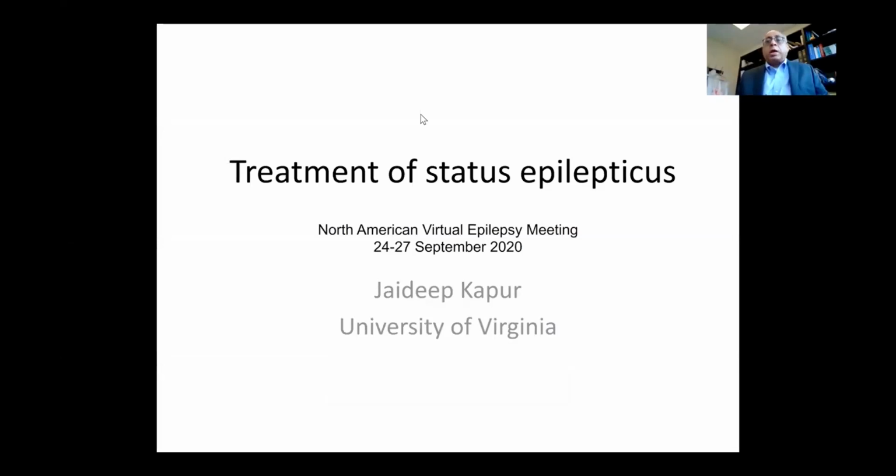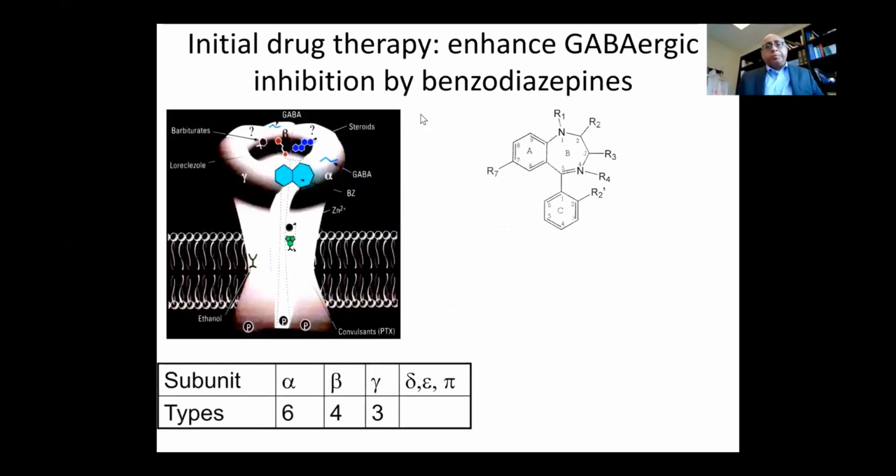The treatment of status epilepticus also has to evolve with the evolution of seizures. Seizures modify the brain and its activity, which further causes more seizures to occur. And our goal in treating status epilepticus is to terminate this cycle of seizures begetting more seizures.